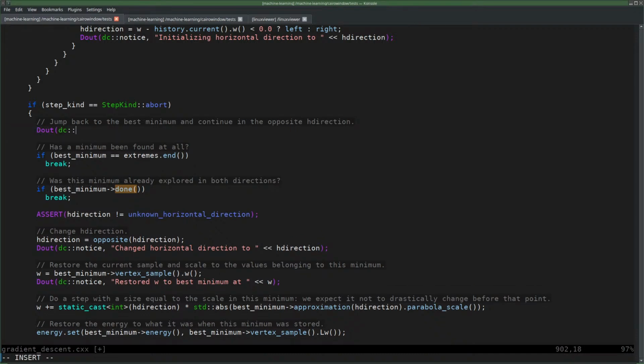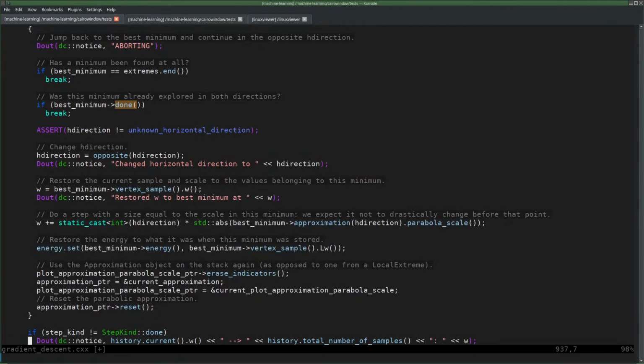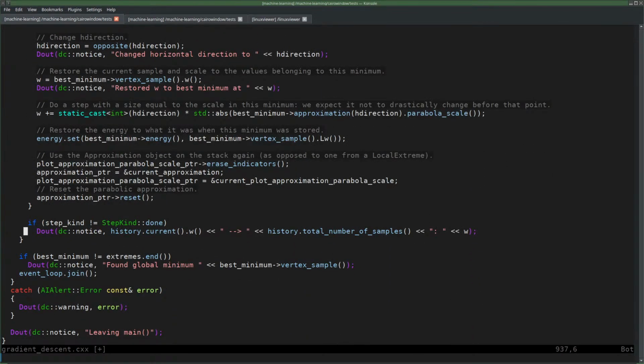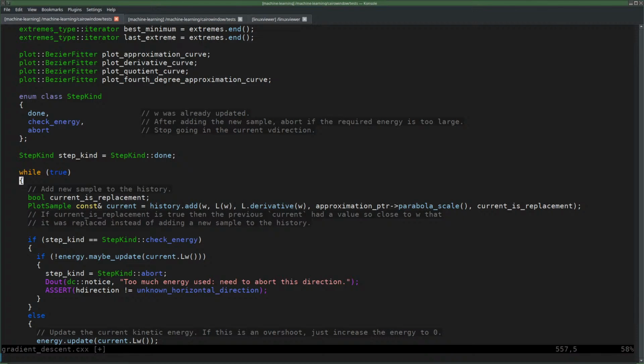I'll just print it out, I suppose. Aborting. So if we break here, then that break just means that we break out of, pretty sure about this, just the while loop here. Yeah.